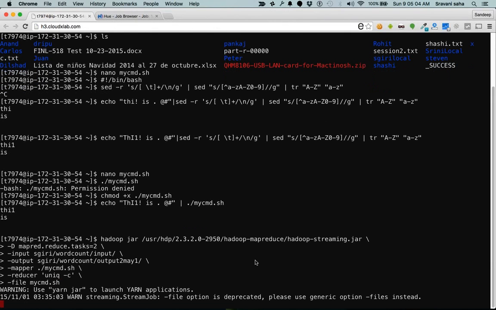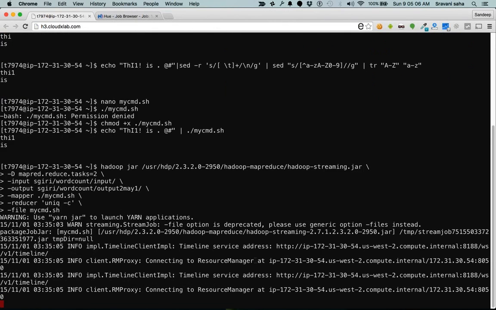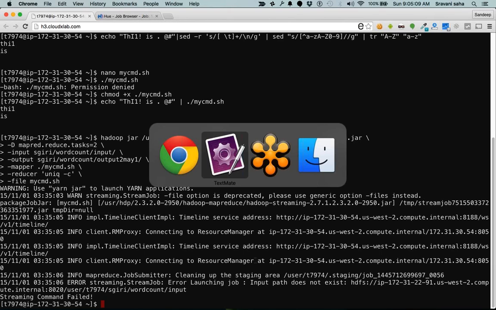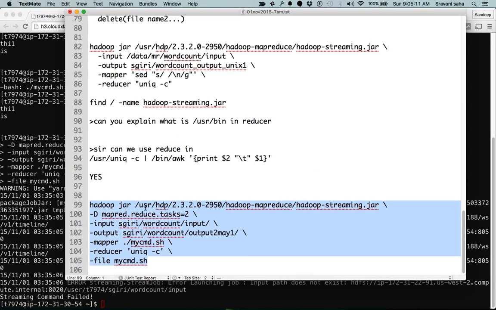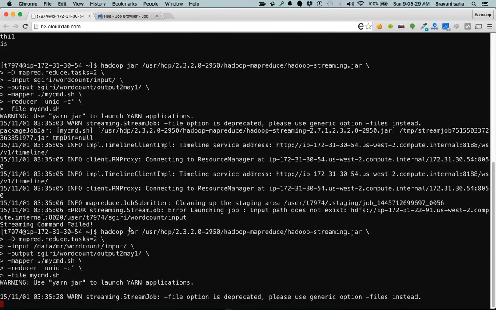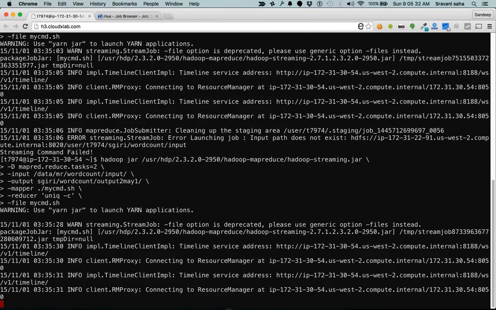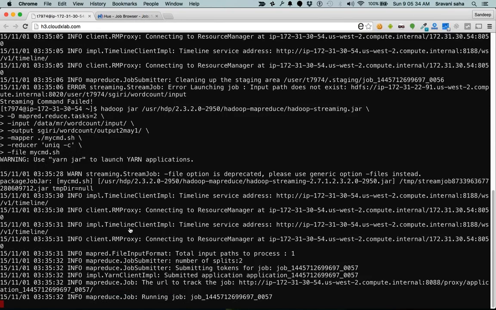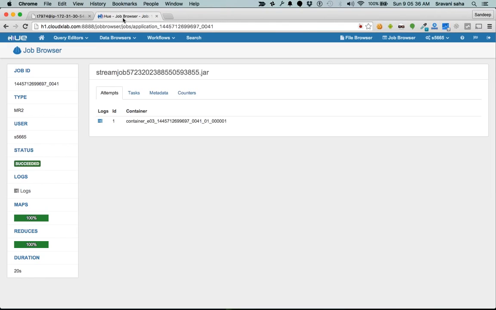Now let's see what happens. Does it give an error? It says that the input path does not exist. That's correct. So we'll change this to slash data slash mr. All right, you can see the job here.